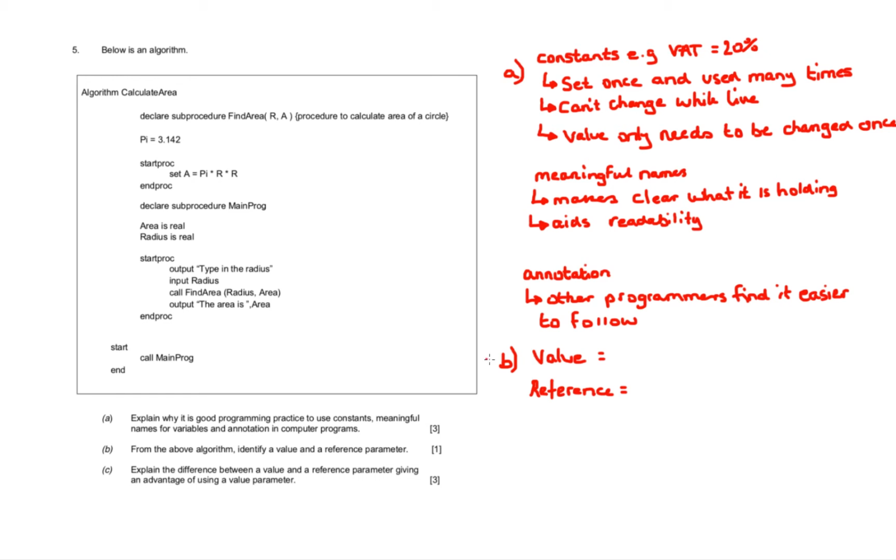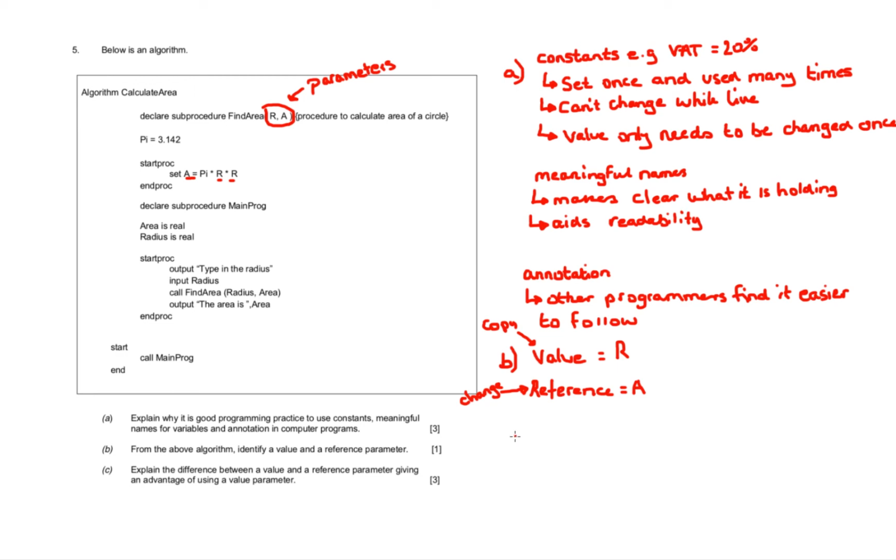A value parameter means that we can't change the value. And then we've got a reference parameter which passes in the original address, which means we can change the value in its original location. So in this algorithm here, we've got A and R being used in our algorithm. The line that says set A to equal pi multiplied by R, which one is a value and which one is a reference?